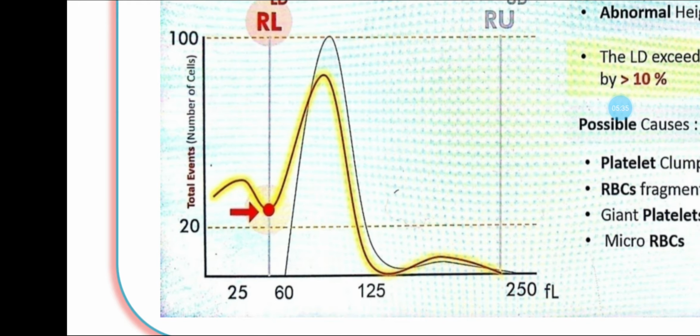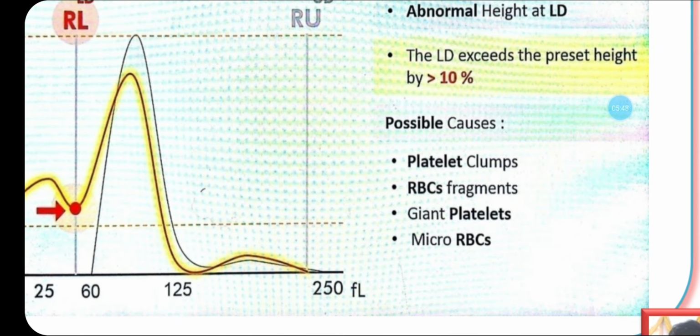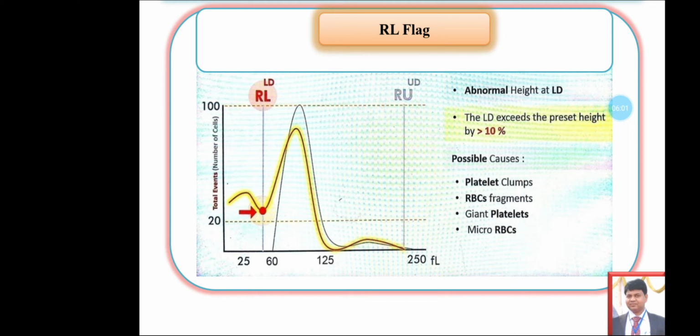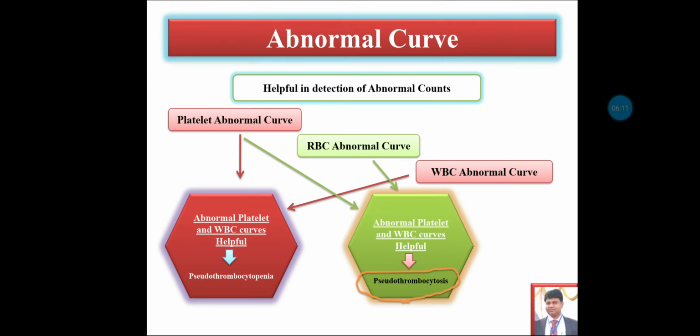The lower discriminator exceeds the preset height by more than 10%, and the curve is not starting from the baseline. The possible causes of such an RL flag are platelet clumps, RBC fragments, giant platelets, and micro RBCs. These causes are very common with the PU flag of the platelet histogram, so these causes basically coincide between these two histograms.